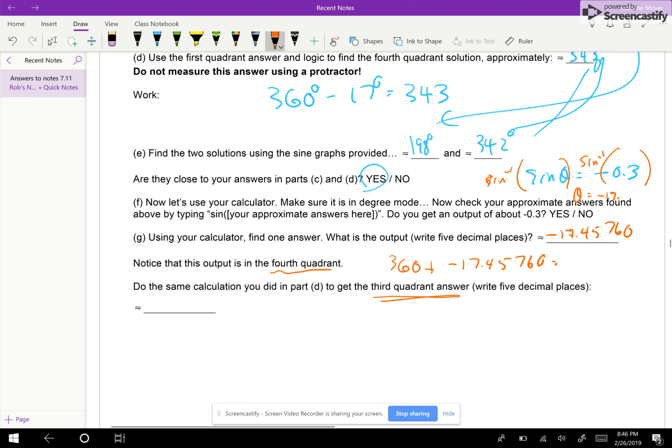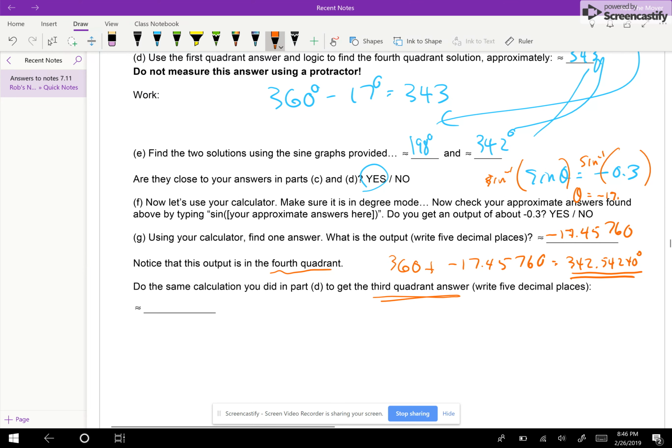Okay, so I'm going to add the negative 17 point something to 360, and I get 342 point something. If I round that to 5 decimal places, 342.54239. So that's my angle in the 4th quadrant.